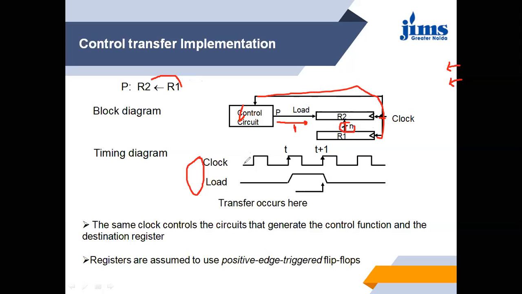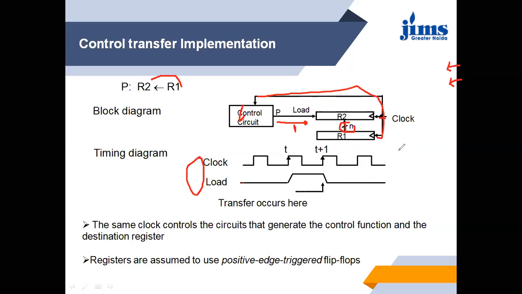We can see from here that this is a clock pulse. This is the transfer of the data. These are the pulses as we discussed earlier. This is a complete pulse, meaning in a cycle there will be high and low, and this is a complete cycle.